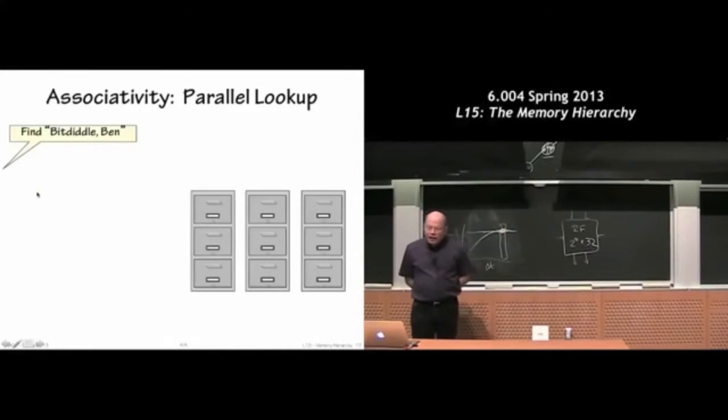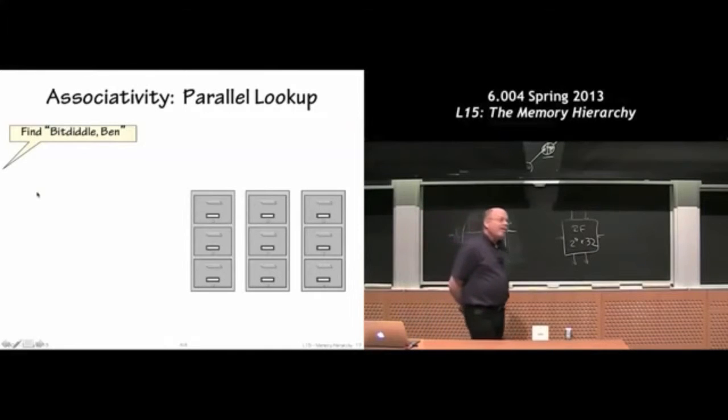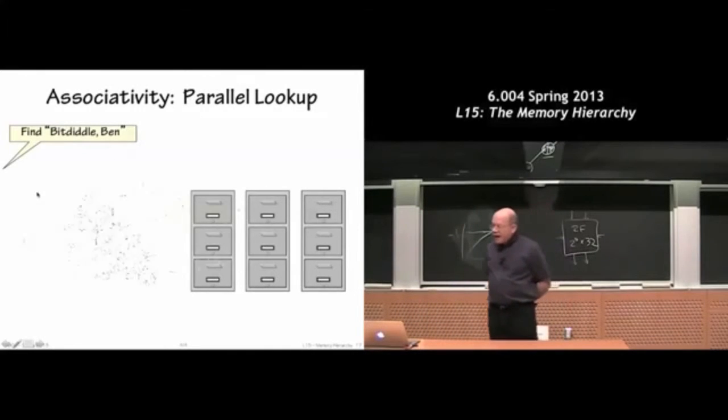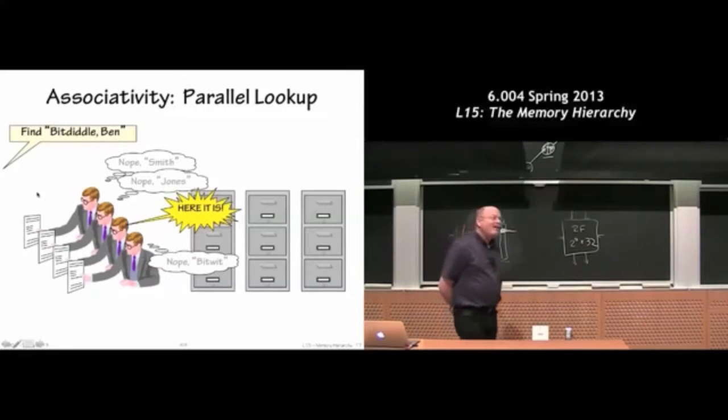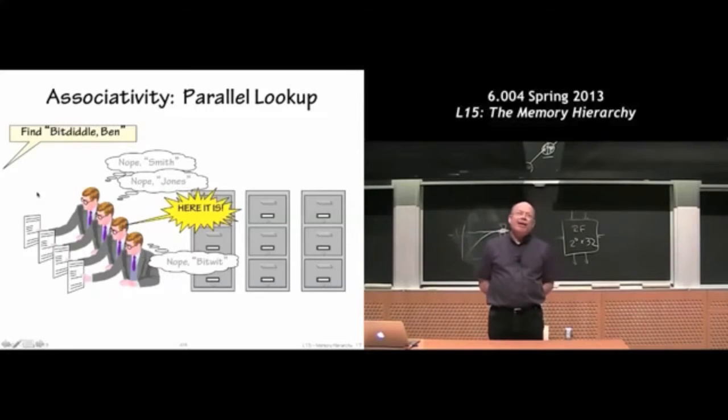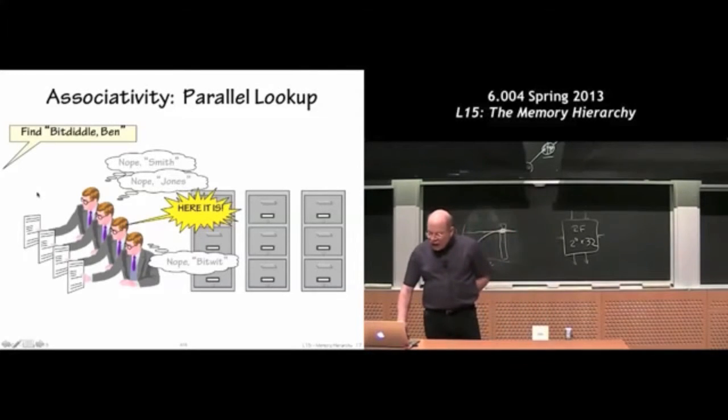So how do we search the cache? Well, the most obvious thing to do is to have an office full of Clark Kents outside my office door, each of whom has a piece of paper, in the hopes that somewhere in that stack of information, I'm going to do this sort of parallel search. I ask the whole team to find me bit diddle, and they each look at their piece of paper in parallel, and one guy says, aha, I've got it, and the others say, no, not me.